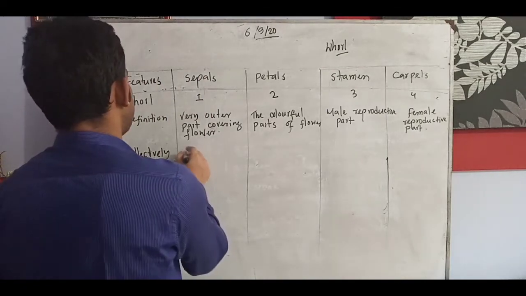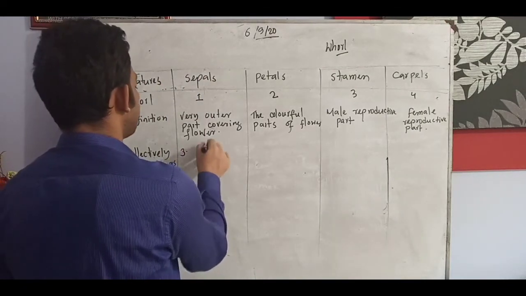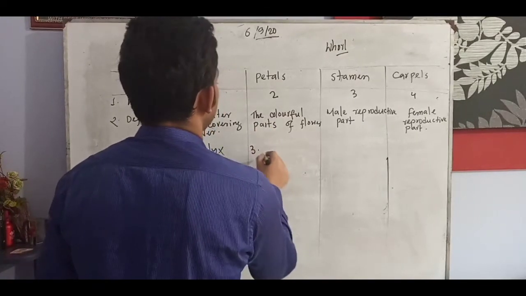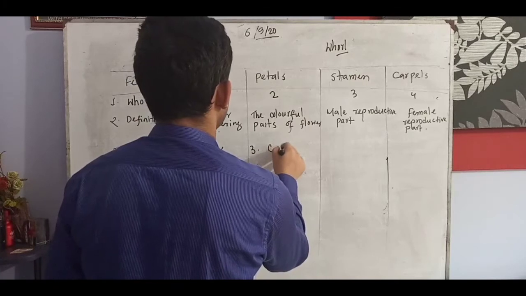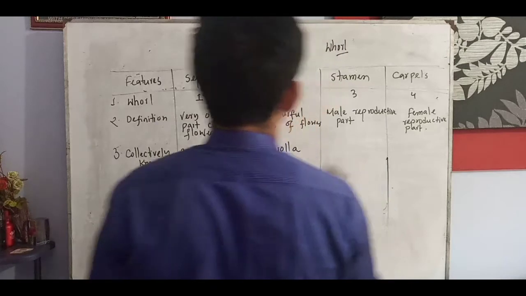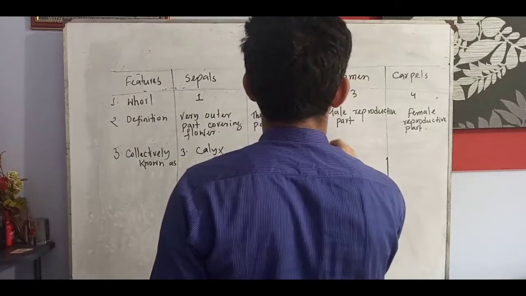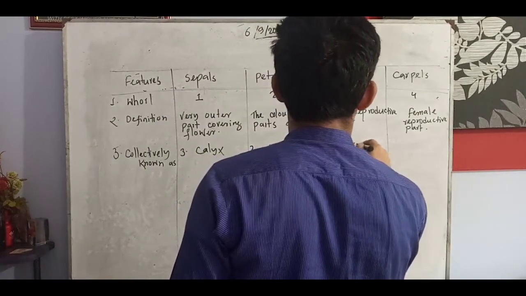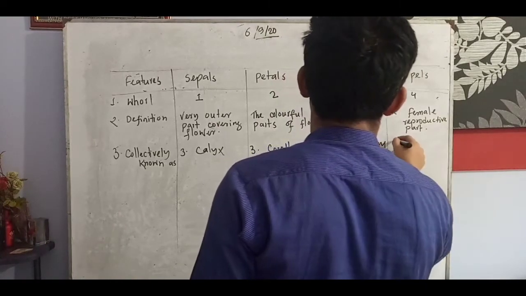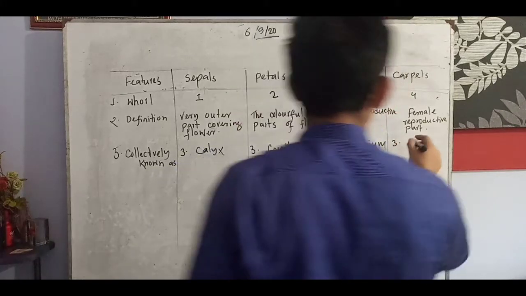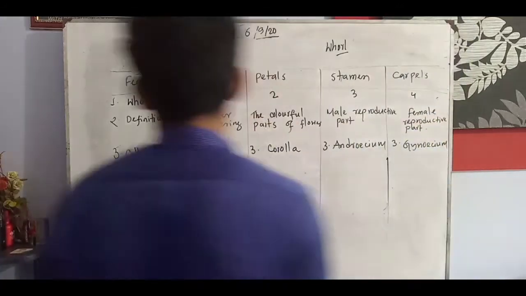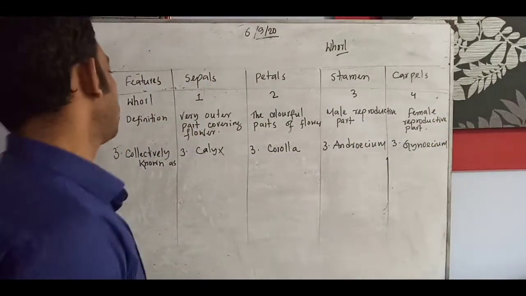We can say the calyx. Then we can see here the corolla, then collectively known as the androecium, and collectively known as gynoecium. So this is another important part to know.